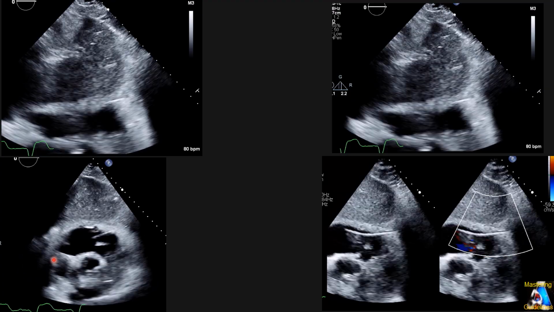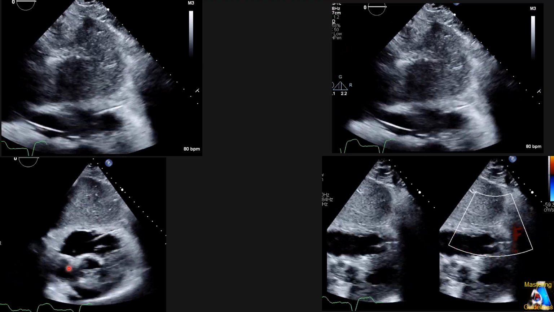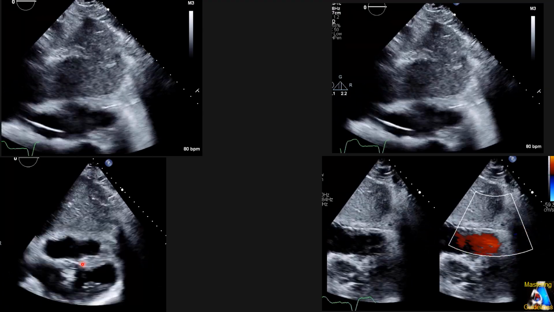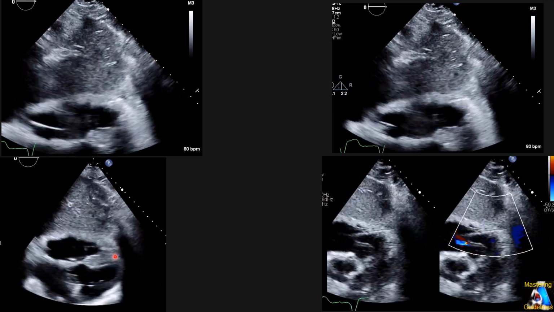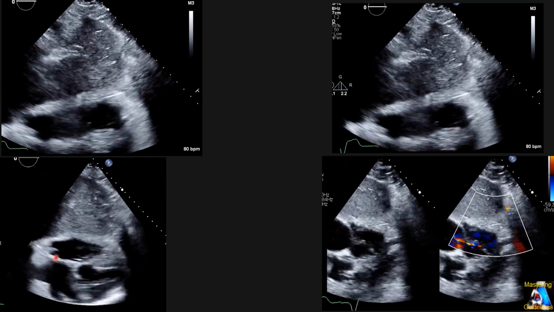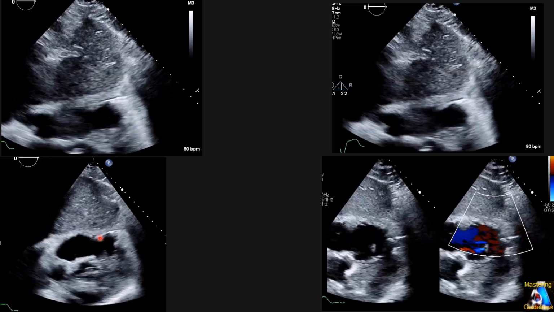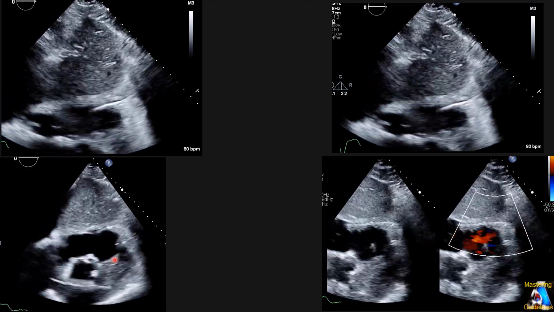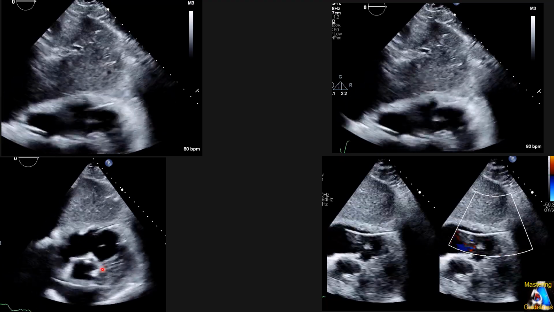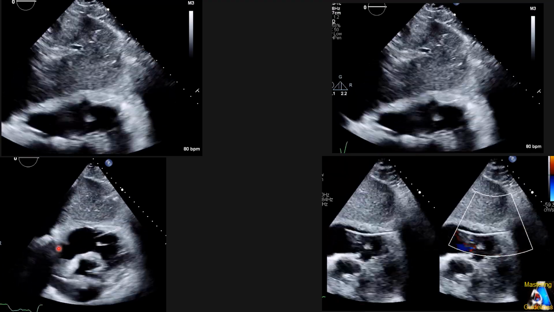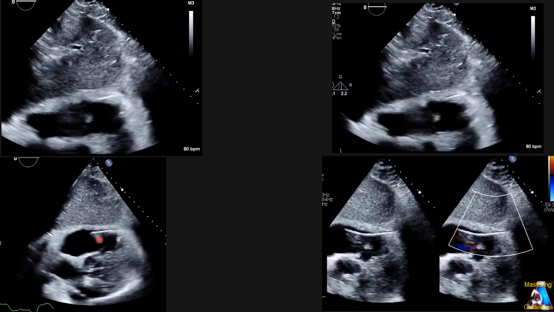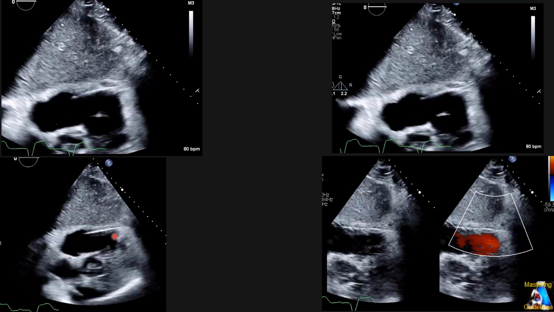As you can see here, this is off axis, long axis between 4 and 5, and kind of short axis, a combination of them. So it's not in the regular classic view. You have to be flexible, twisting, fanning, sweeping until you find it, and chasing the wire until you see the tip.